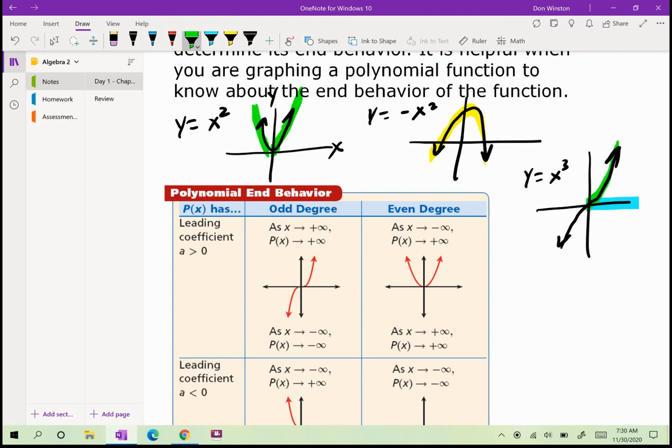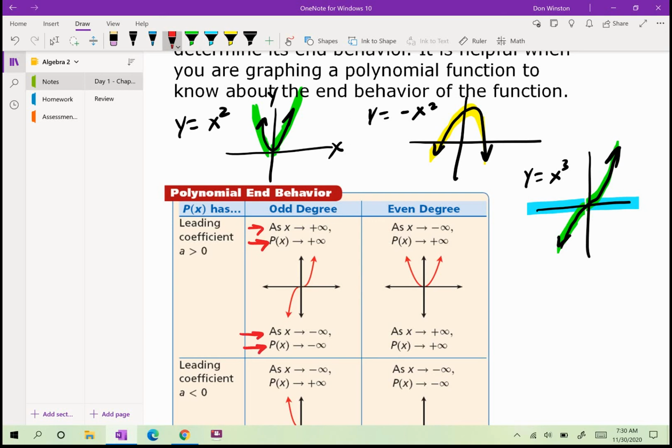Y goes to positive infinity. So as x goes to positive infinity, p of x or y goes to positive infinity. And as x goes to negative infinity, y goes to negative infinity.